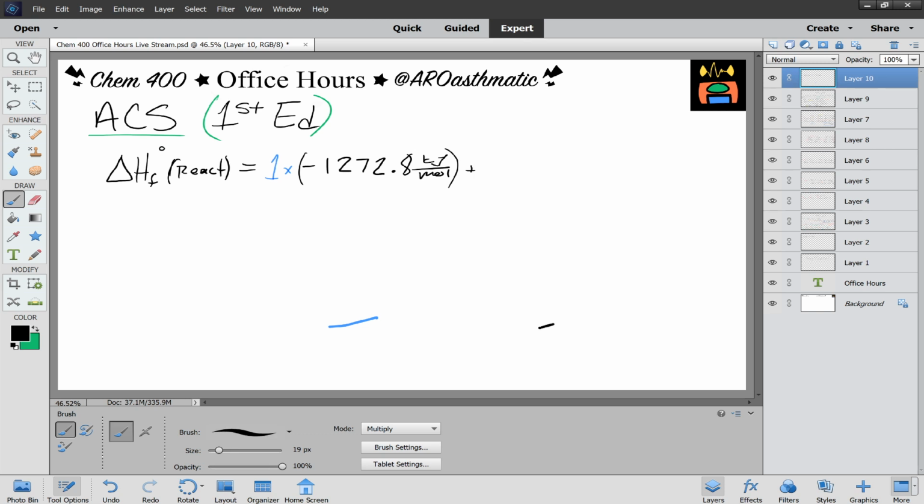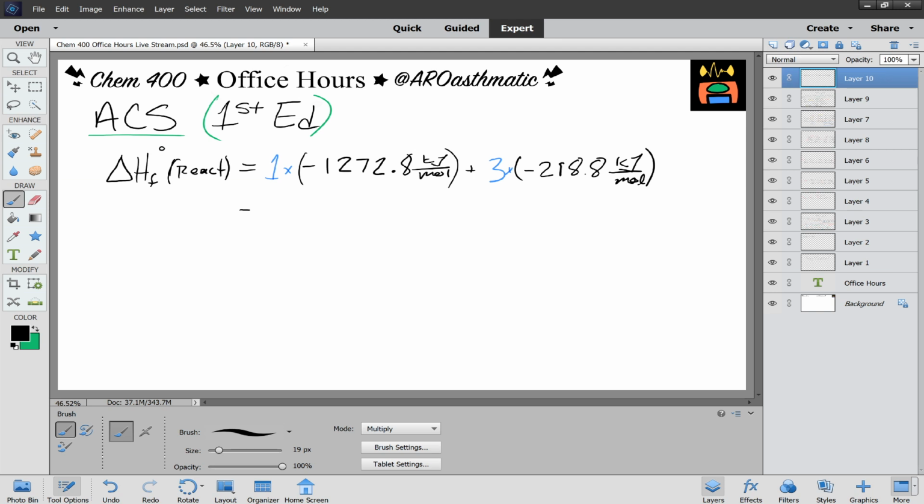All right, plus we have our second reactant, the formation of 1 mole of COCl2 will release 218.8 kilojoules per mole. But here, we don't have 1 mole, we have 3, so we need to multiply this by 3.